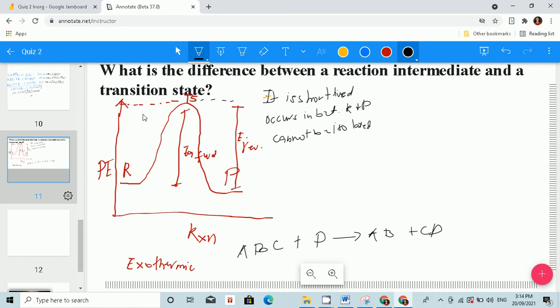Now, in the transition state, the molecule there is A, B, and then we have the C and D. In the transition state, it is where the bond breaking and bond forming occur.